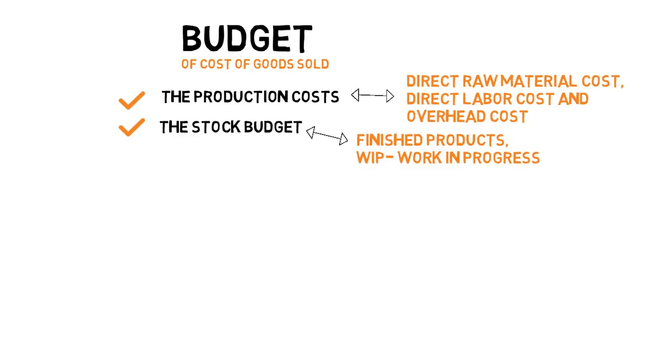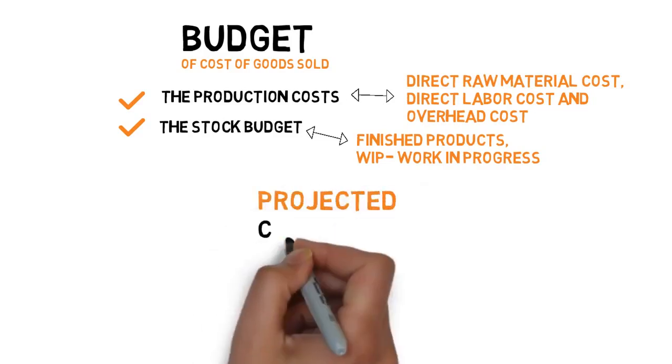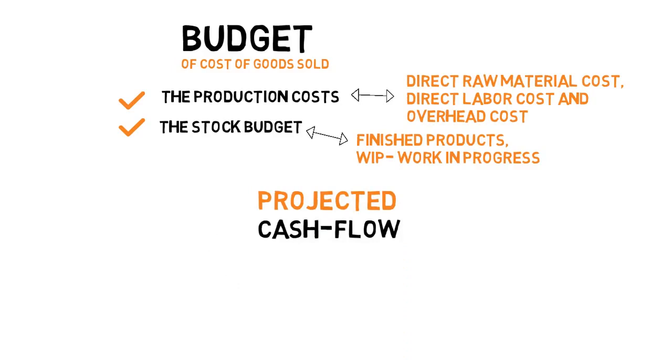All the respective budgets we've just discussed, like the budget of sales, budget of cost of goods sold, budget of selling expense, budget of management expense, make up the projected profit and loss budget. Another major component of the master budget is the projected cash flow.